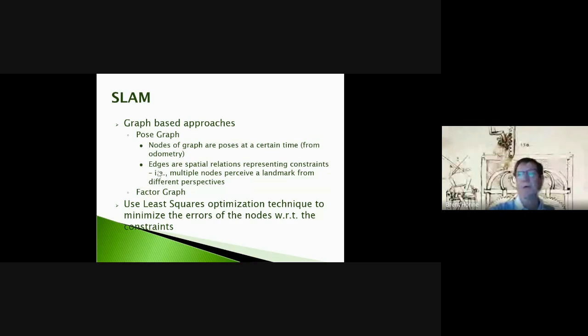So if I'm looking at, let's say, a corner from one node, and I'm seeing it like that, but at another time I'm seeing it from here, this guy's going to perceive it differently. It might look something more like that. Oh, I have no idea actually.